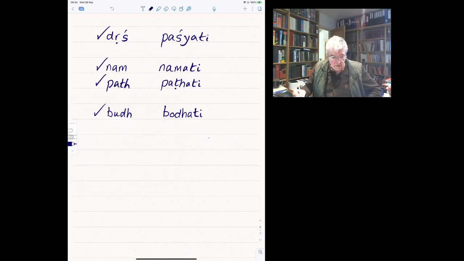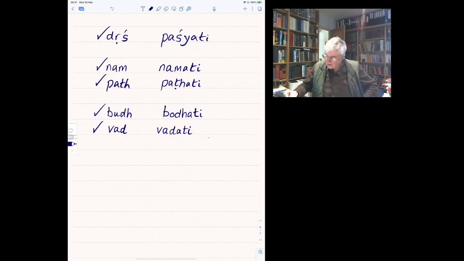And finally, no, not finally, second last on our root, vad, to speak. That doesn't change for the present tense. So he speaks, or he says, is vadati. Note that the verbal noun from vad is vada. You often find that happening.